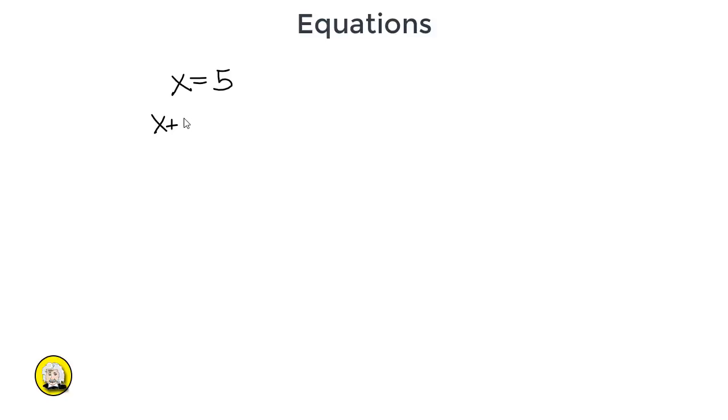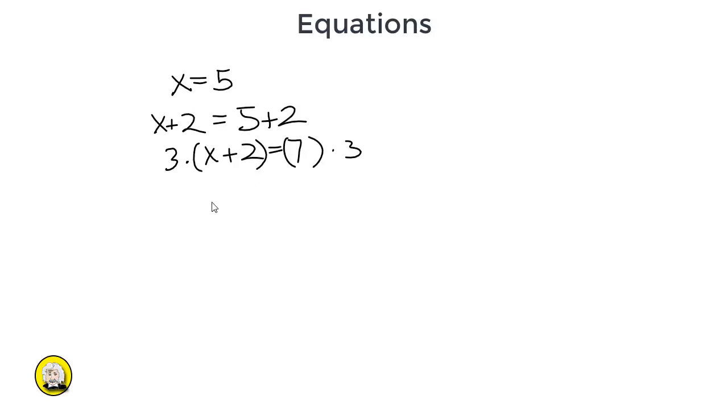I could add 2 to both sides, and I now have x plus 2 equals 7, an equation, not the solution. I could take that and I might even make it more complex by multiplying by 3 on both sides. And that gives me a new equation, 3x plus 2 equals 21.